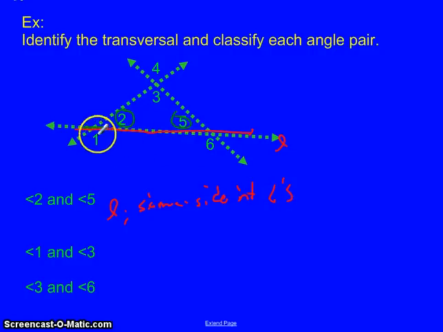1 and 3 is next. So it looks like our transversal would be right there where the black line now is, which we'll call M. So M's our transversal, and those would be corresponding angles. So we're going to abbreviate again.